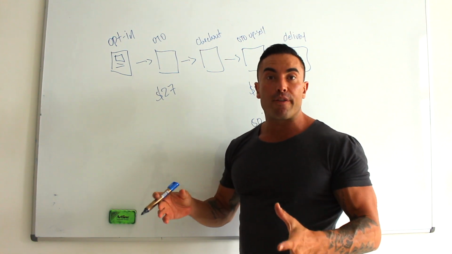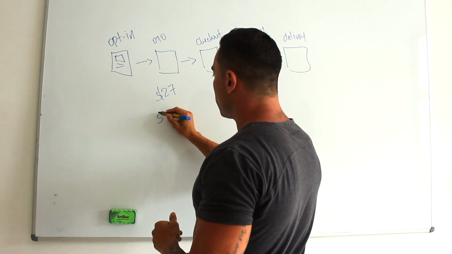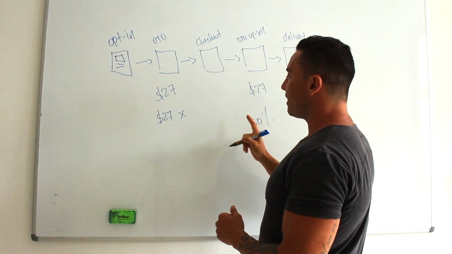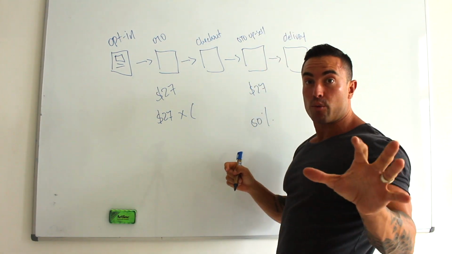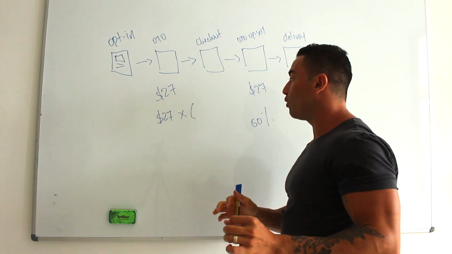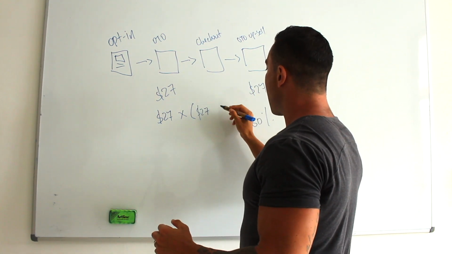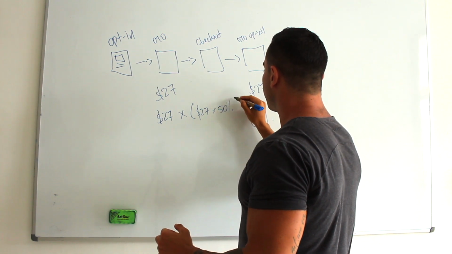And there's a really simple way for us to work this out. So what we've got is $27, and then we go times what this is. To work out what this works out to, because you can change these numbers, and I want you to be able to change these numbers to what it is you've actually got set up. So let's say it's $27 and we times that by 50%.